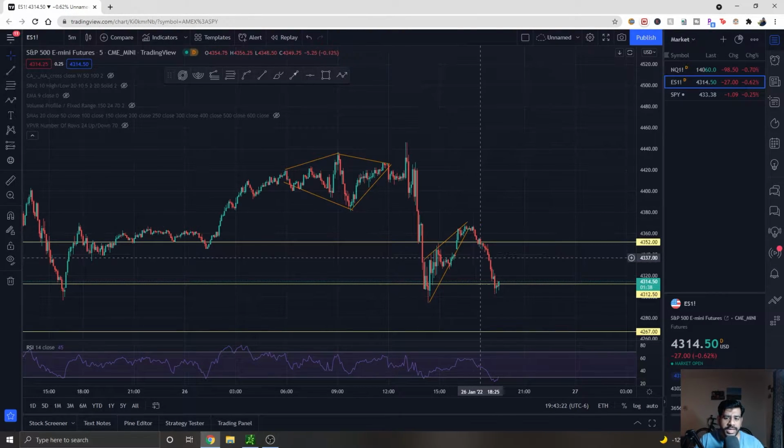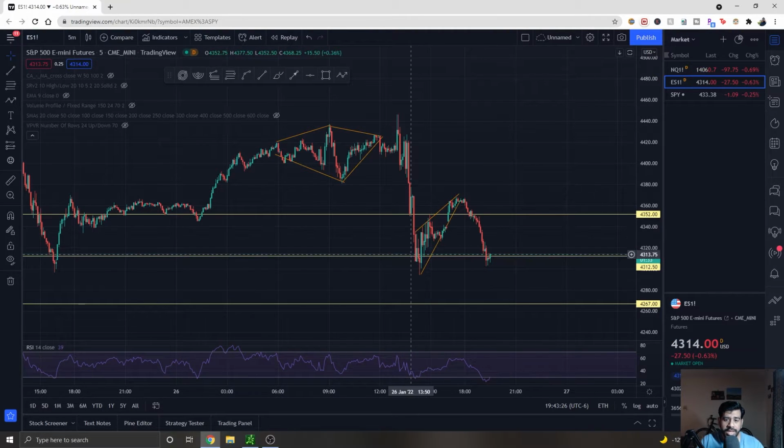Then we rallied back again, and then we dumped again. This is basically a repeating cycle again and again throughout the day, throughout the weeks, for the last couple of weeks, and it's continuous. It continued today at least.